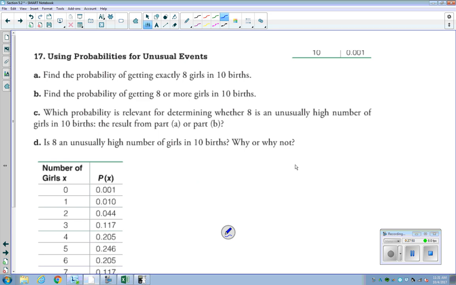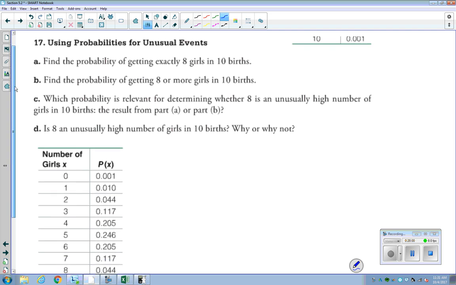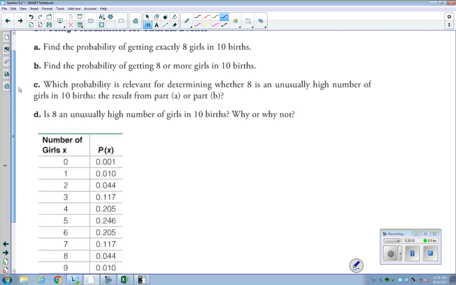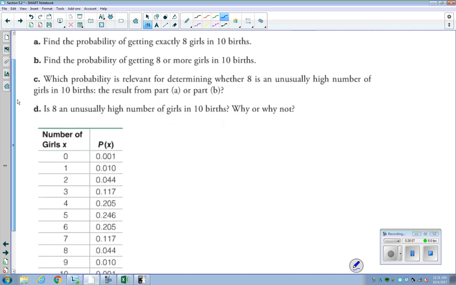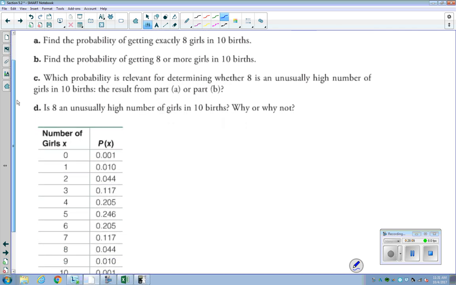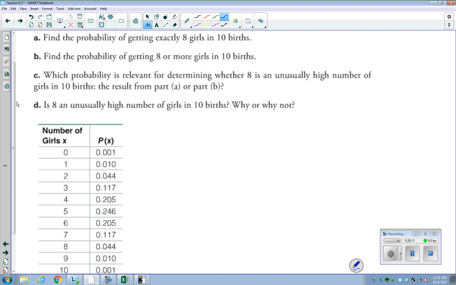Okay. So here we go into the whole probability distributions. So I can pull that up just a little bit so we can see the whole chart. We just barely make it on the board. So find the probability of getting exactly 8 girls in 10 births.